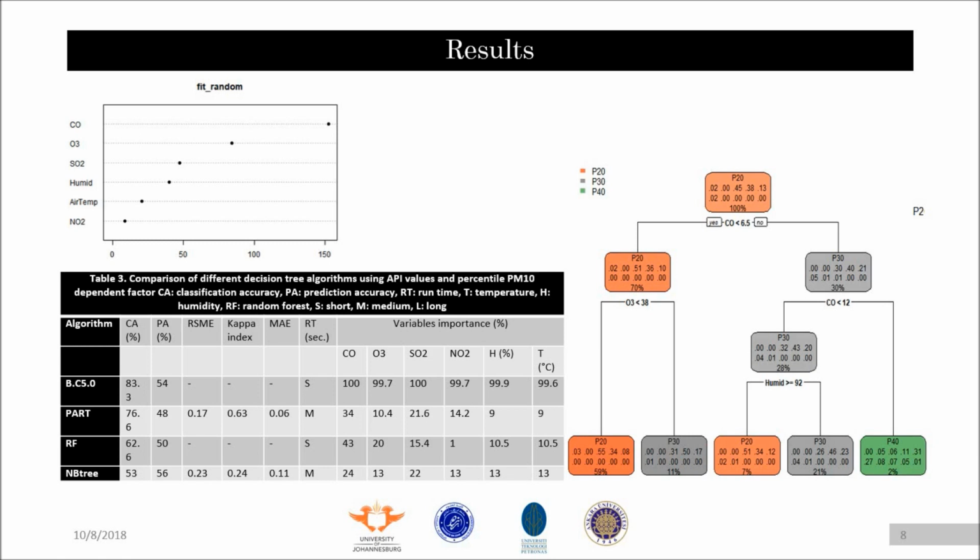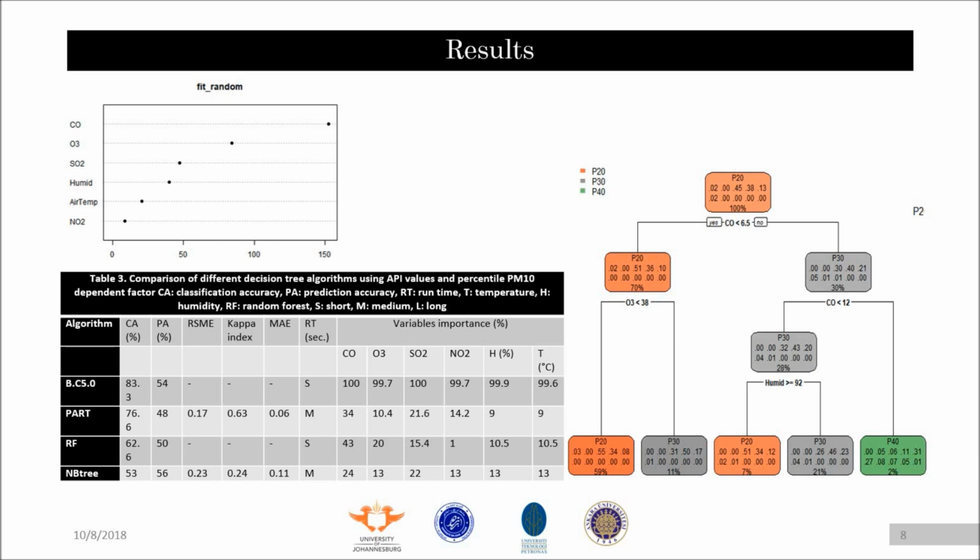Okay, this is a Gini plot for the random forest tree, showing that CO and the O3 are the most significant factors connected to the API, while the NO2 and the air temperature are the lowest contributors.